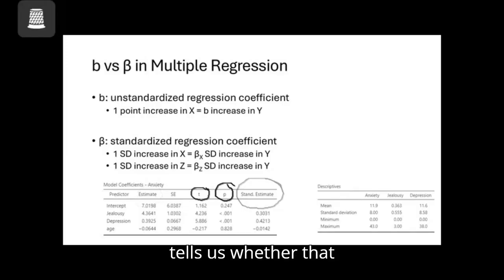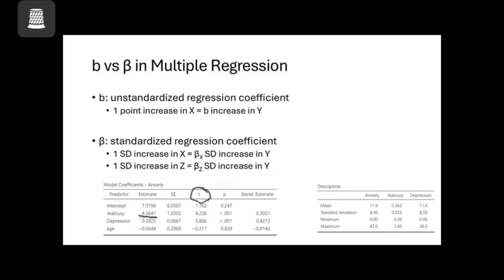This tells us whether that estimate is statistically significant. So this t-value tells us if 0.436 is significant. It tells us if 0.3925 is significant, if 0.0644 is significant.